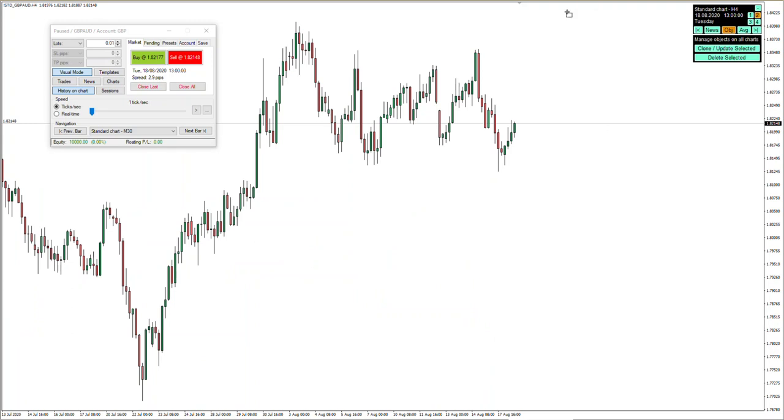Let's draw the zones here. This is the most recent support zone. This is the most recent resistance. And another resistance.